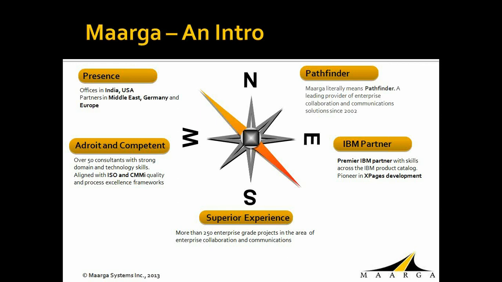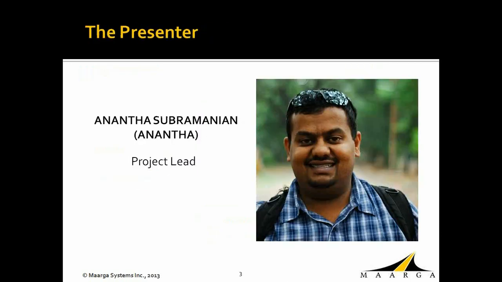We have helped our clients overcome their toughest IT challenges. We are a premier IBM partner, but our 250 plus enterprise grade projects span the entire IT ecosystem and multiple platforms. Again, my name is Ananta Subramanian, and I'm a project lead here at Maarga Systems.